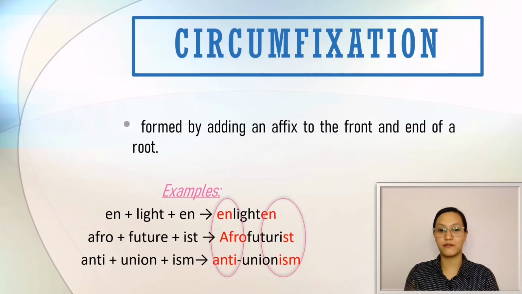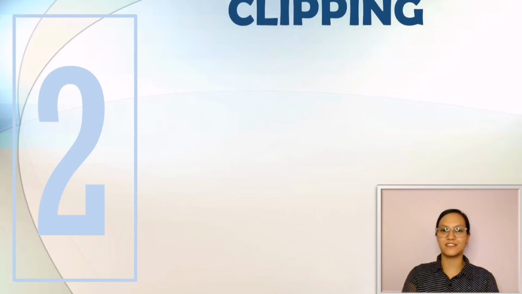En, Afro, anti, en, ist, and ism. So now, can you also think of a word which underwent the process of circumfixation? That's great! Okay, now let's proceed to the second type of word formation process that I'll be discussing.